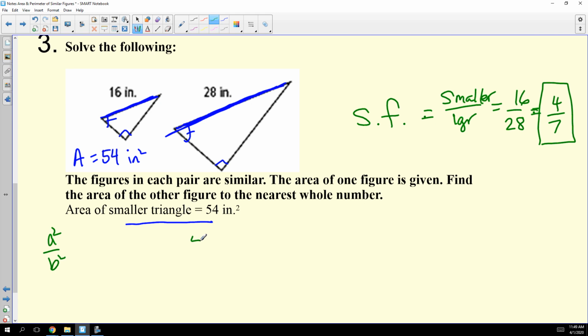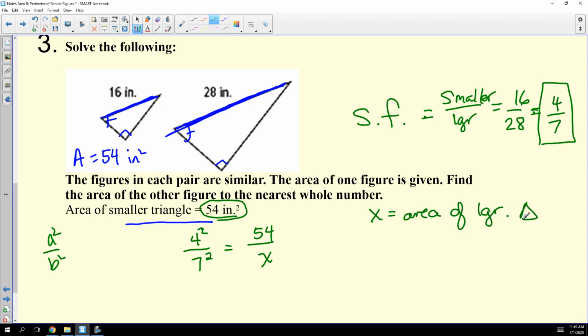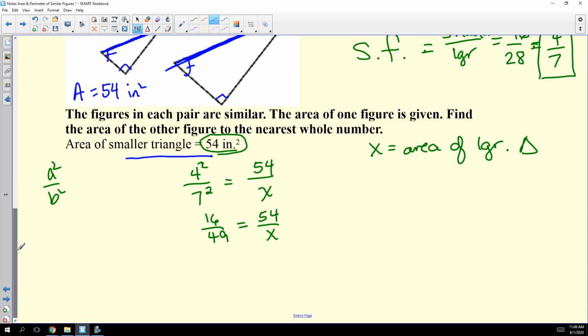So 4 squared over 7 squared is equal to, and remember that this was the smaller triangle, that's the one I put in the numerator, so 54 over x. x is equal to the area of the larger triangle. Got it? All right, so 16 over 49 is equal to 54 over x, and cross multiply 49 times 54.